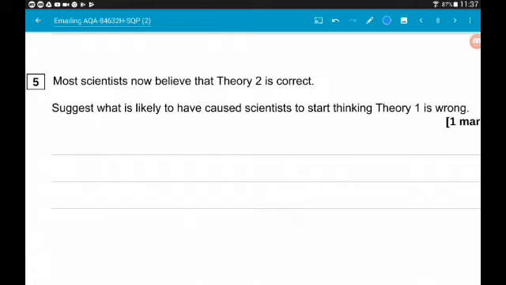More and more, we are finding more evidence that supports Theory 2. So that supports like the Big Bang Theory, its computer simulations and stuff, get better and better. We find more evidence that cannot be explained by Theory 1. So more and more, we are in support of Theory 2.